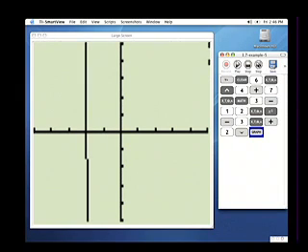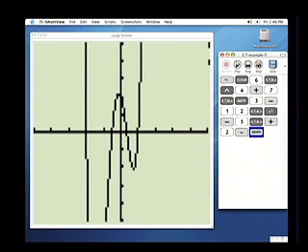Now this is a quartic equation, and what we're going to notice is that over here on the left-hand side of the graph, we can say that there are no zeros less than -2. And we can say that there are no zeros greater than 1.